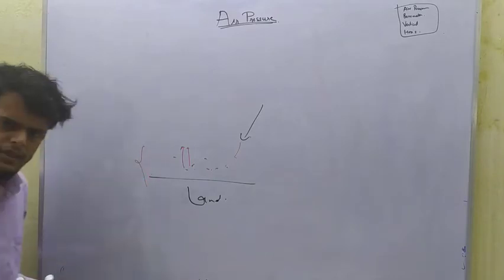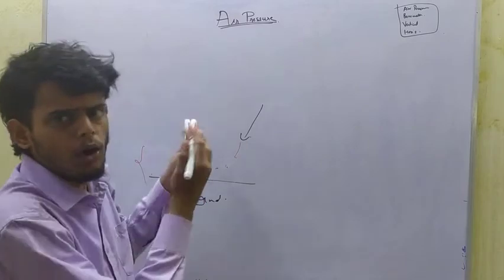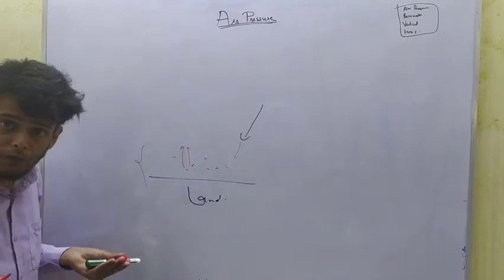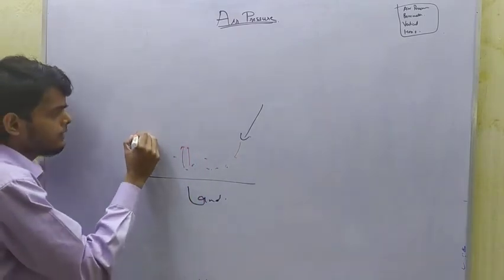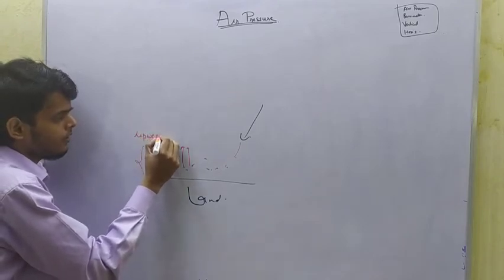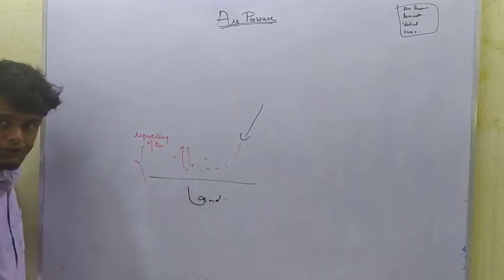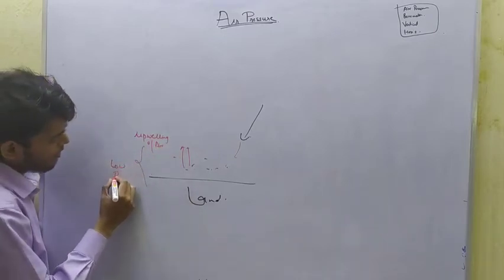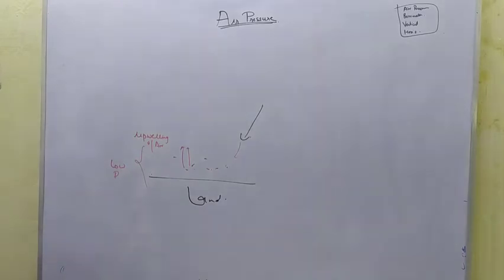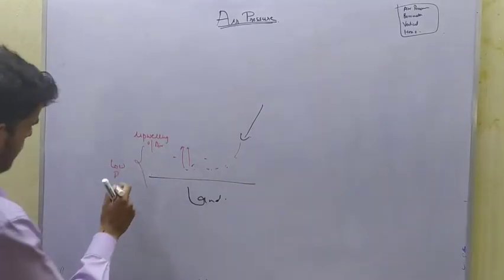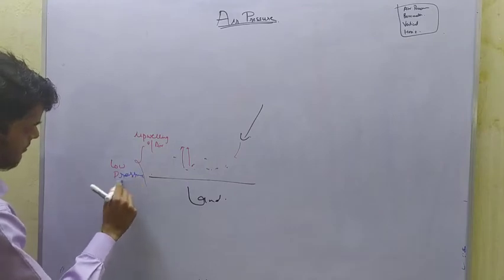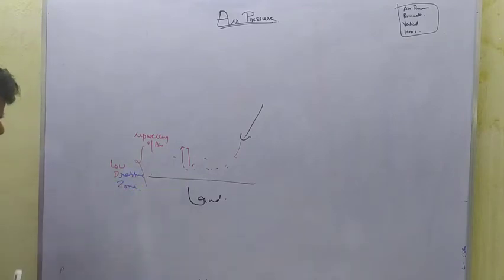So, why this air moves upward? This upward movement of air is called upwelling. This is the technical term, upwelling of air, which causes low pressure zone, low pressure zone it creates.